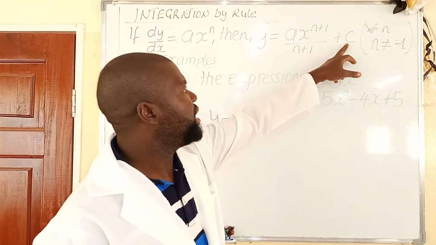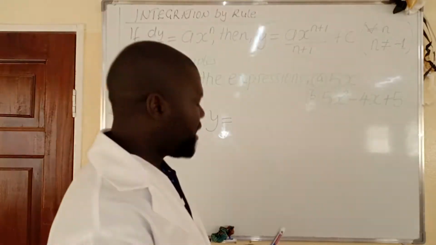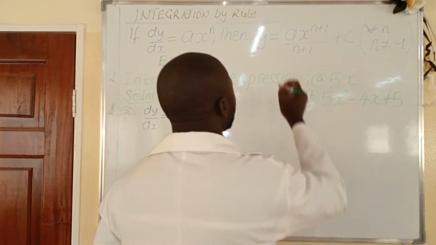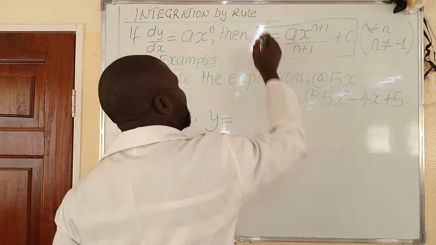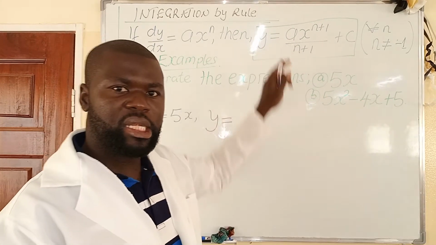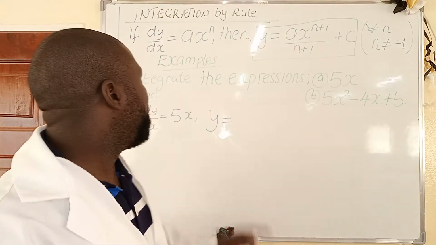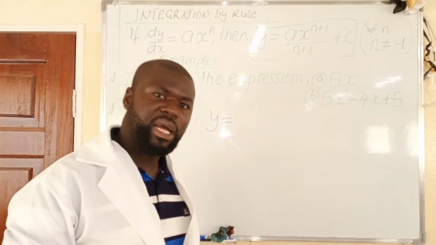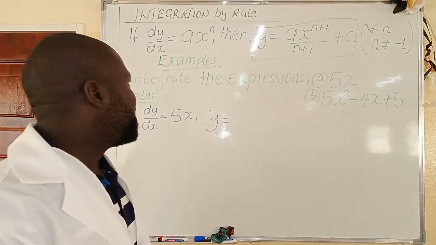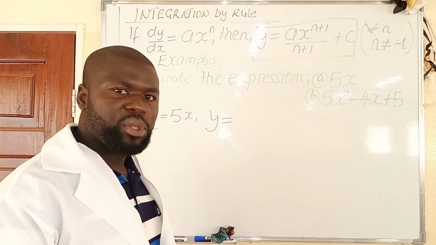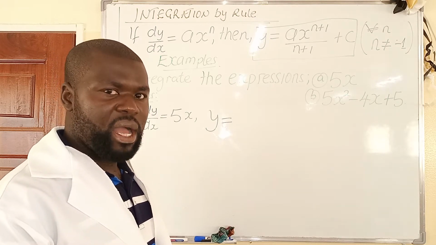C is called the arbitrary constant. This is the rule we are supposed to use on our gradient function, our derivative, to get our f(x) or our y back.